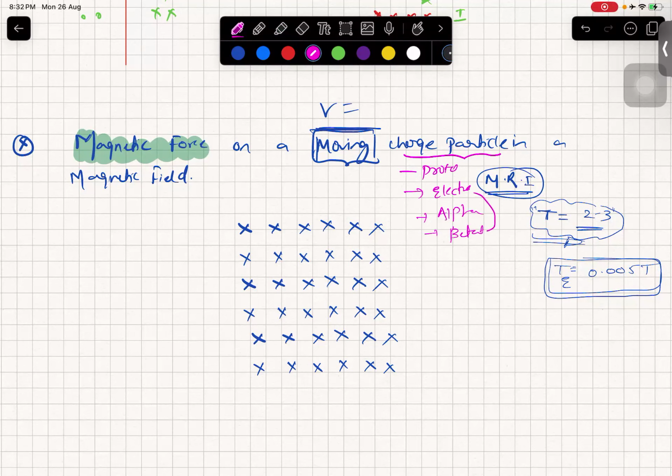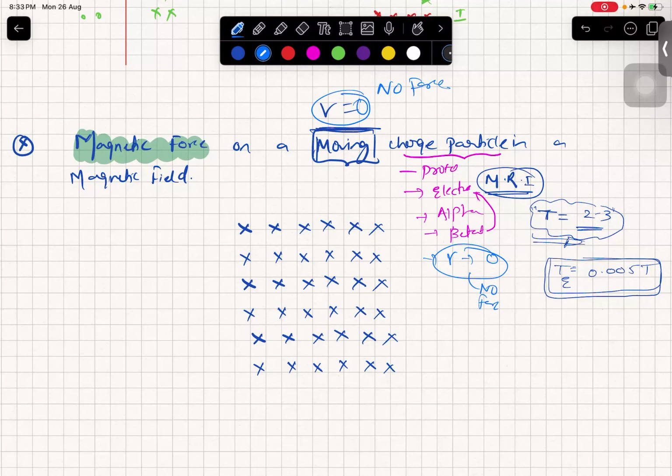Alphas are helium nuclei. But what about gamma? Gamma does not have any charge, so there will be no force. If the velocity is zero, no force. And obviously, if there is no magnetic field, there is no magnetic force as well.